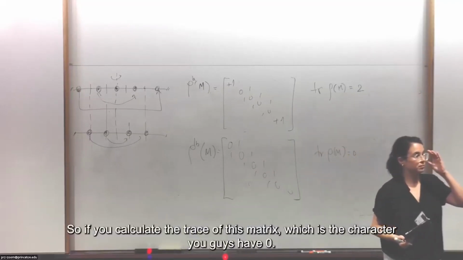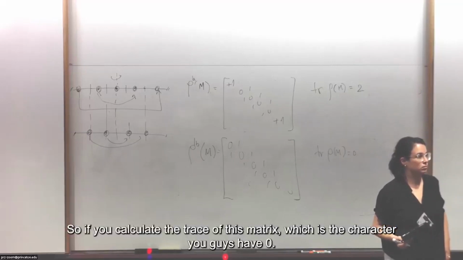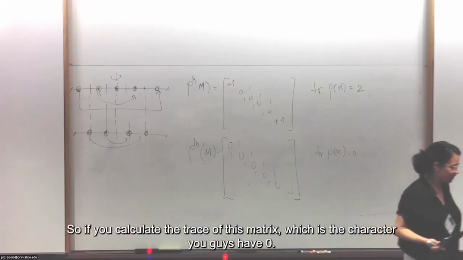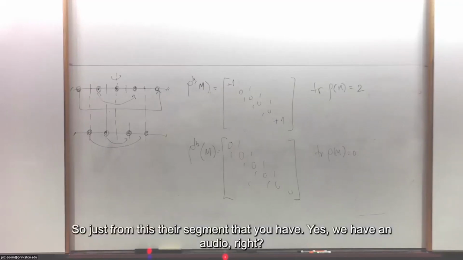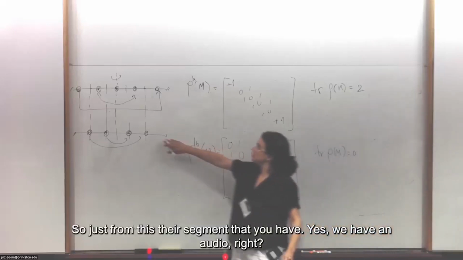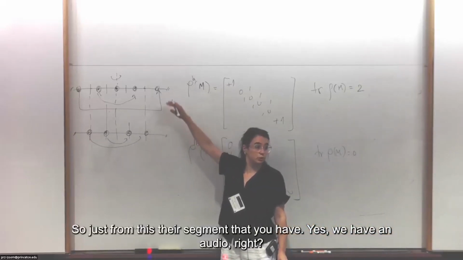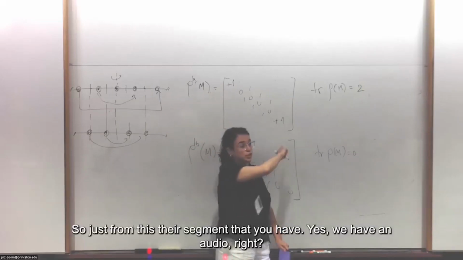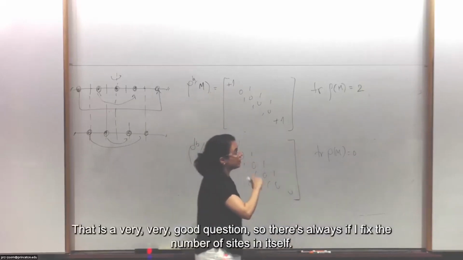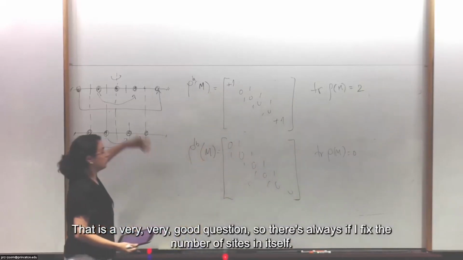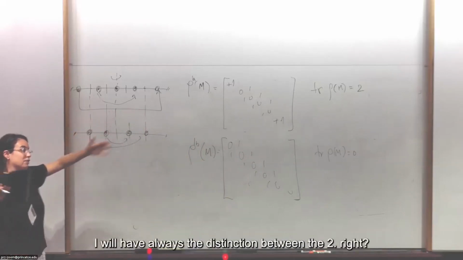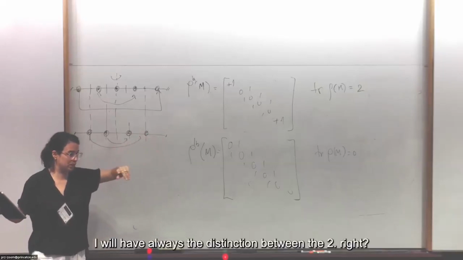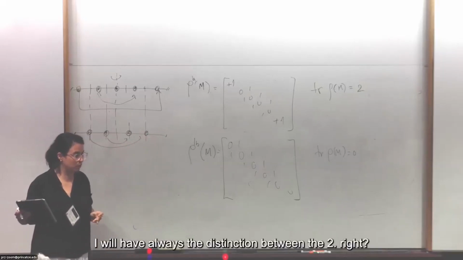Here, do you mean you have an even number of unit cells? If you have an odd number in an array, then you don't have that. Right, that is a very, very good question. If I fix the number of unit cells, I will always have the distinction between the two. The trace is actually going to change. I'll go now to momentum space in a minute, where we think about having an infinite chain, and then this question is not so important anymore.